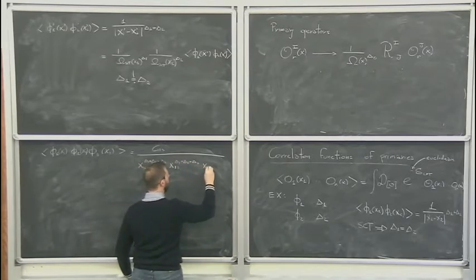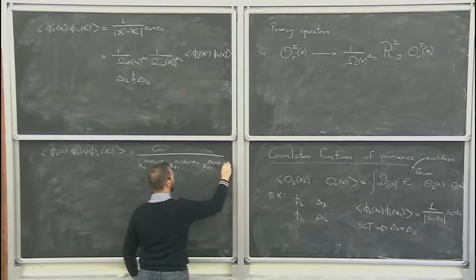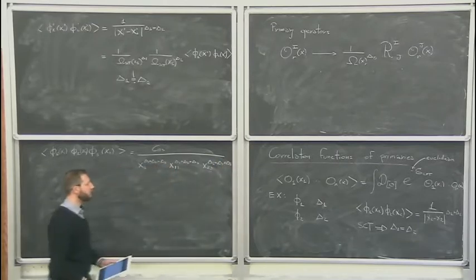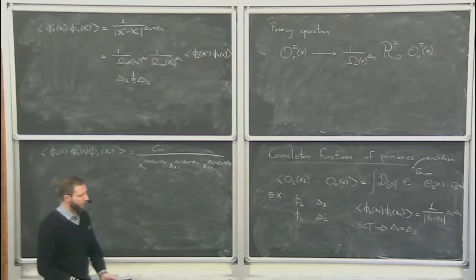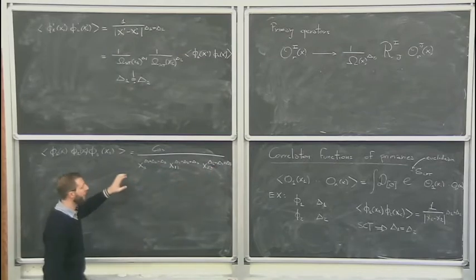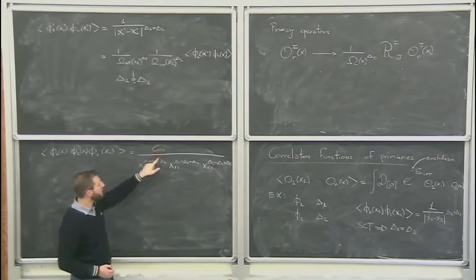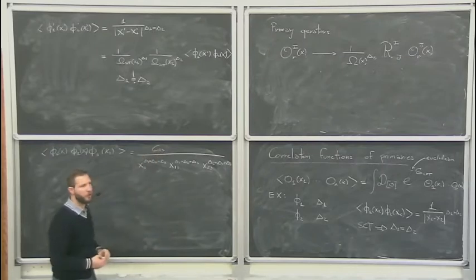Then there is a x23 to the power delta 2 minus delta 1 plus delta 3. Okay? So again, the form of this correlation function is totally fixed by imposing the right covariance properties under conformal transformation, except a constant, which has a very important meaning.